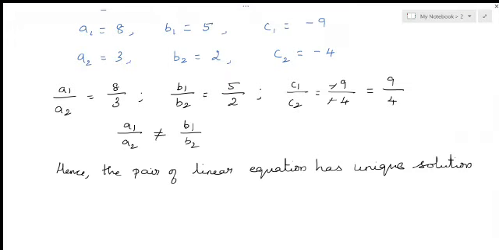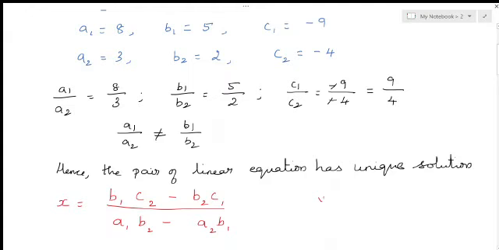So we all know that for cross multiplication we have a formula to find out x. It is b1 c2 minus b2 c1 divided by a1 b2 minus a2 b1.